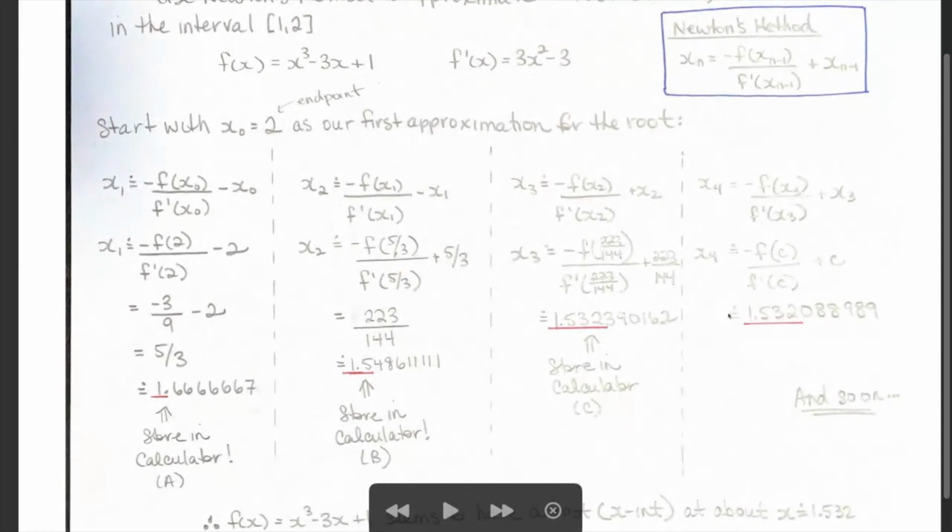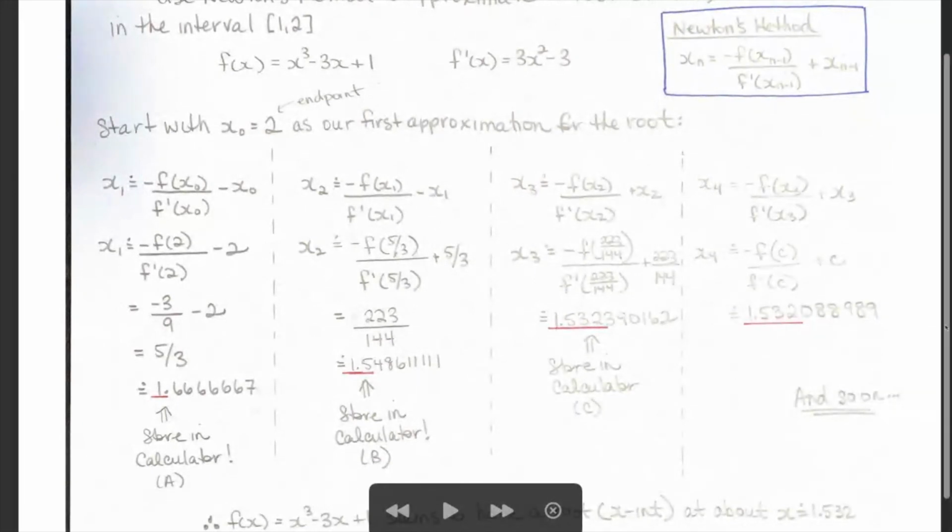I'm going to repeat the process once again with my variable c, and this time I get 1.532088989, and I can see now that my two estimates, my x3 and my x4, are the same up to 3 decimal places. So I know now that my root is going to be approximately 1.532 something.